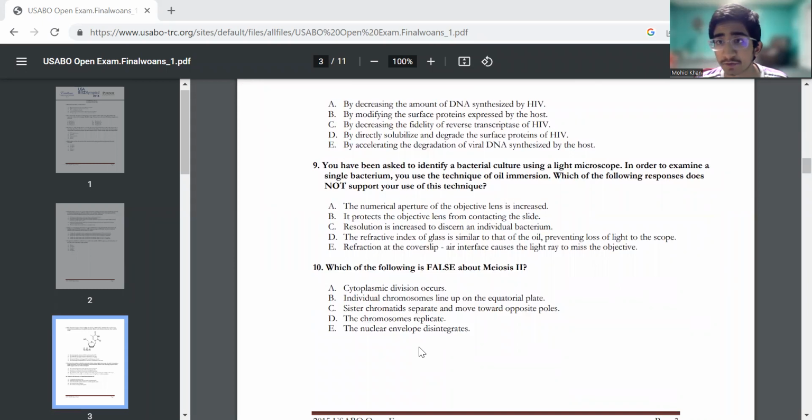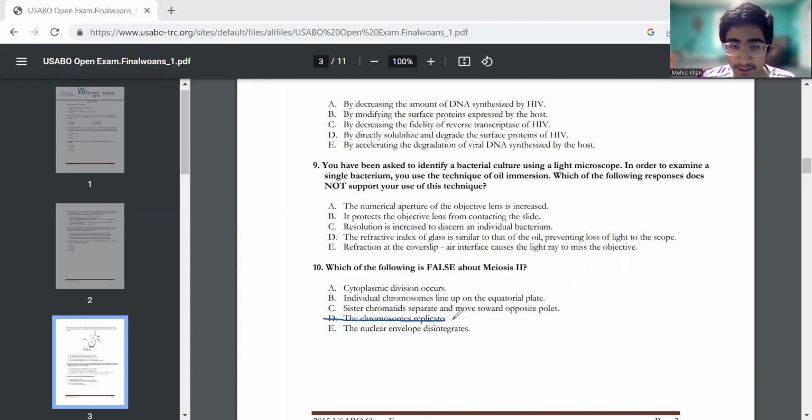That's also correct. That occurs during anaphase 2. The chromosomes replicate. No, that is not correct. I know that 100% is not correct, because the chromosomes have already replicated in meiosis I. So no, this is definitely incorrect.